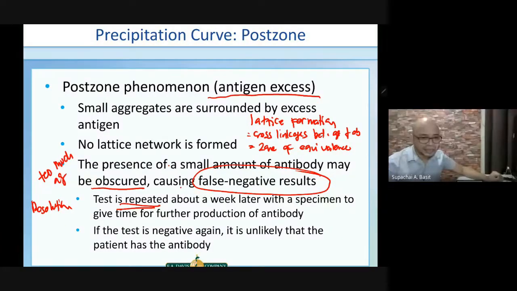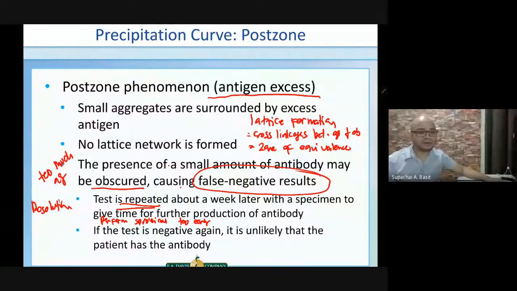Why do you think the test is repeated? Because there's a possibility that you performed serological tests too early. If you perform serological tests too early, your body has not produced antibodies yet, so when you test it, it is negative. That could be a postzone phenomenon.